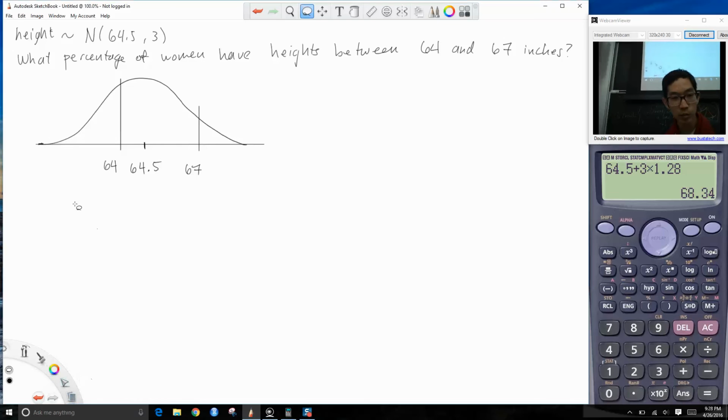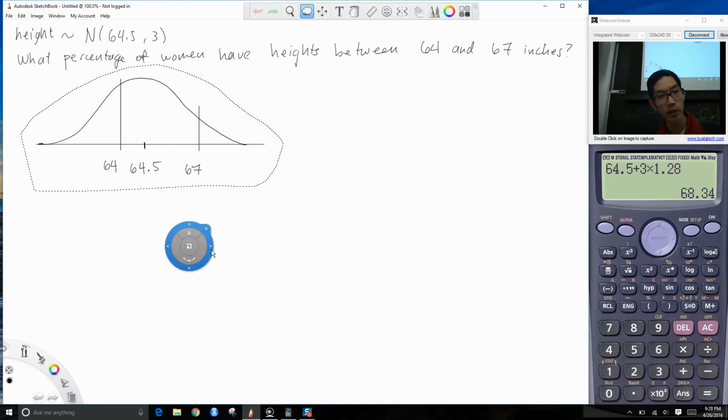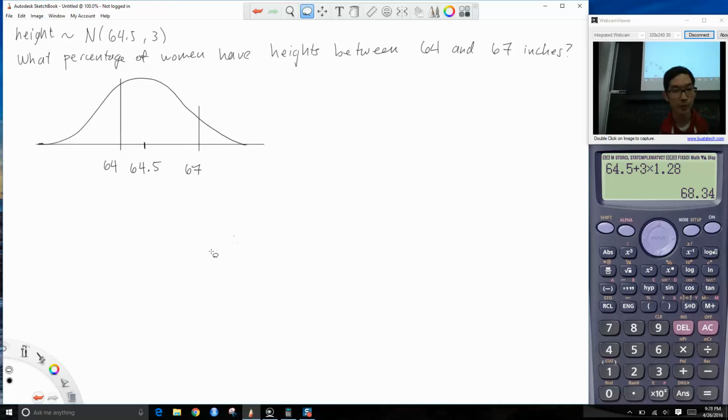Sometimes you'll get a question where both values are higher than 64.5, and that's fine. Both values could be lower. What we want is this area in between. This part is our answer.